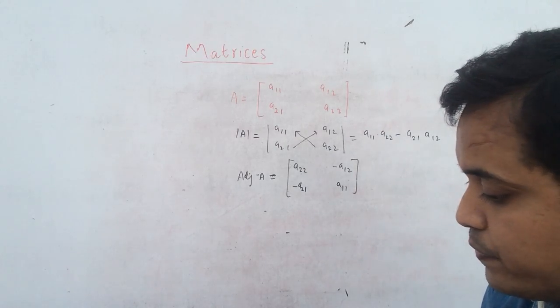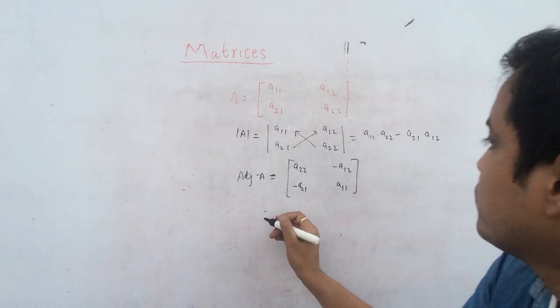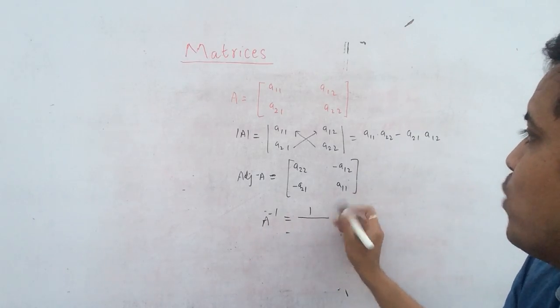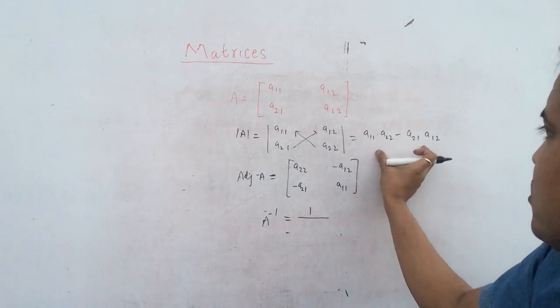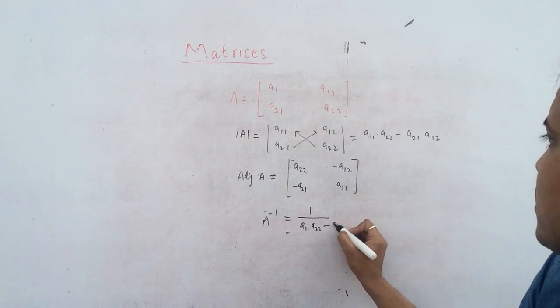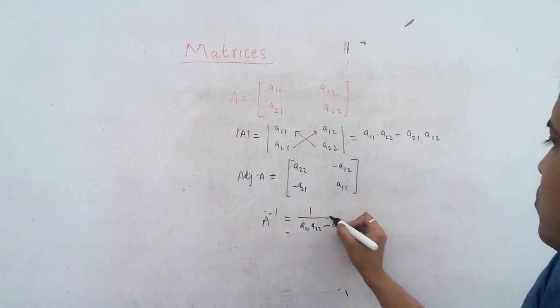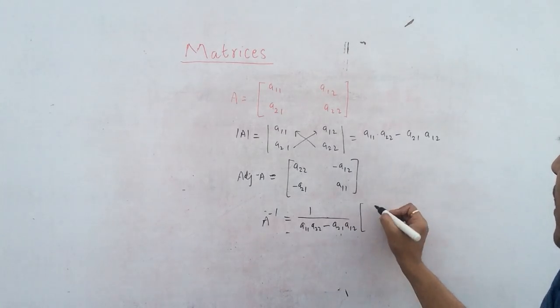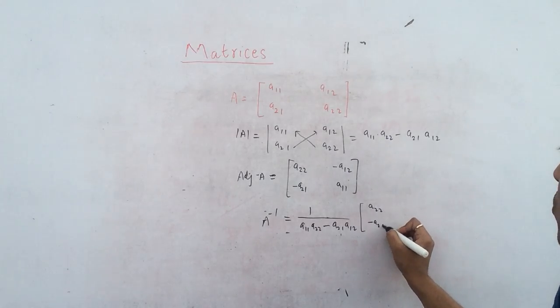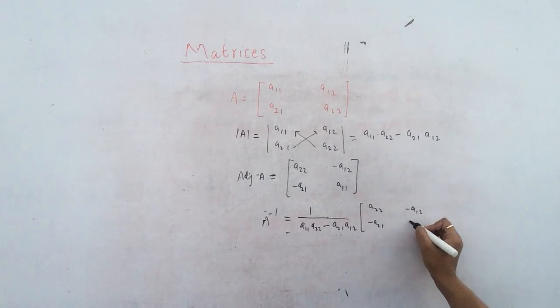Yes, it is. So now what is A inverse? A inverse is adjoint A upon determinant of A. So the determinant is A11 A22 minus A21 A12, and your adjoint is A22, minus A12, minus A21 and A11.